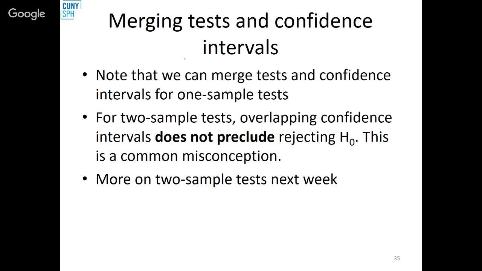If you have two non-overlapping confidence intervals, certainly you would reject the null hypothesis, but if they're overlapping, you might still reject the null hypothesis. So you come to different decisions in those cases. And if you want, there is still an equivalence, but what you have to do is build a single confidence interval for the difference in those two means. And if that difference in means contains 0, then it's consistent with the null hypothesis.